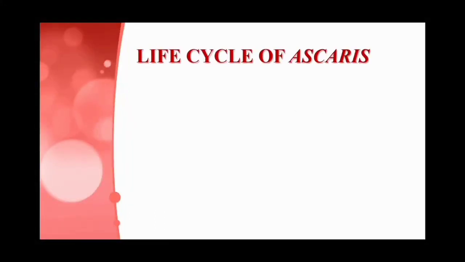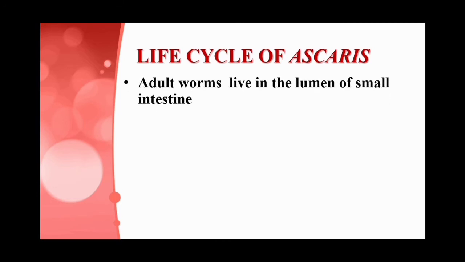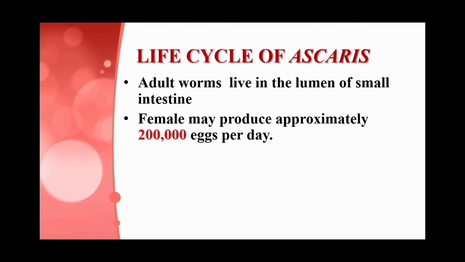Moving on to the life cycle of Ascaris. The adult or matured Ascaris worms, that is male and female worms, prefer to live in the lumen of the small intestine. The adult female worm may produce approximately 200,000 eggs per day.